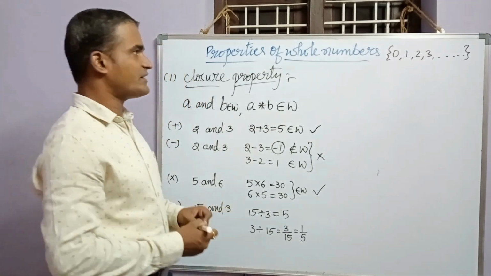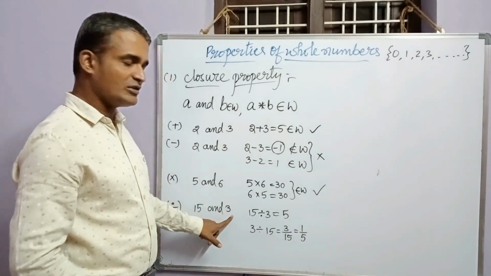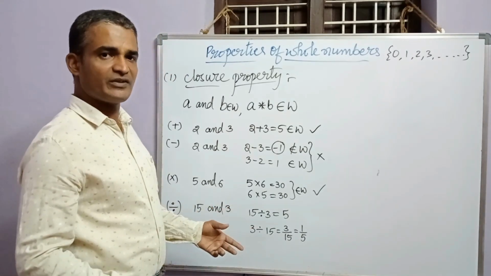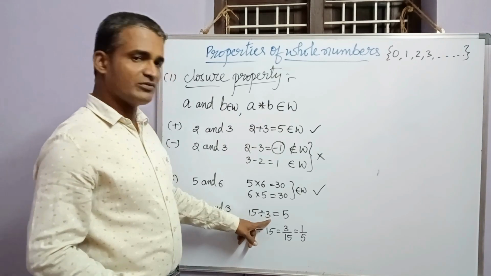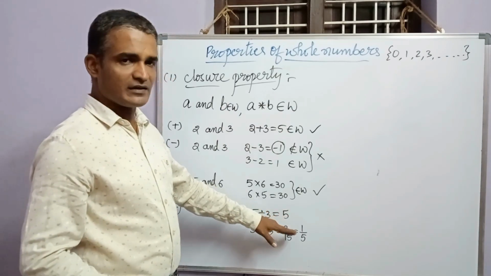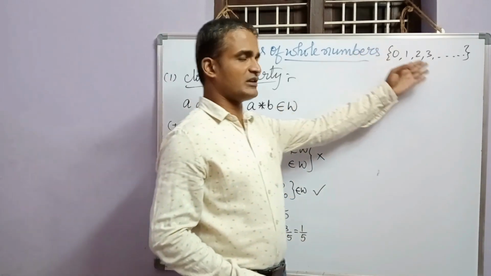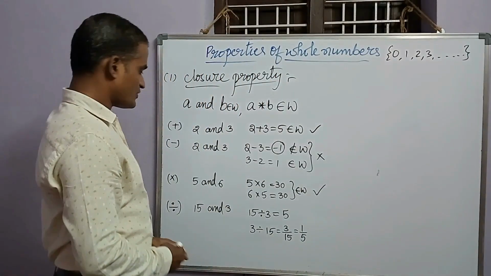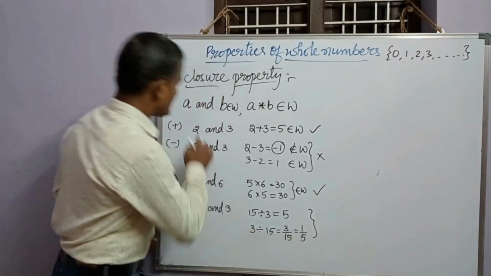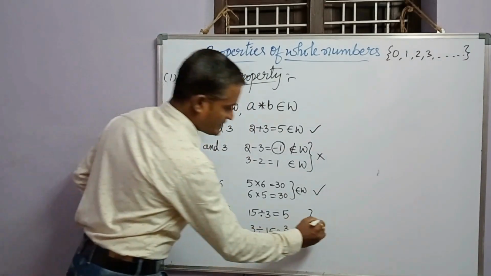Even if you take 7 and 2, 7 divided by 2 does not divide exactly, and you get a fraction, which is not a whole number. So the closure property won't be satisfied under division.